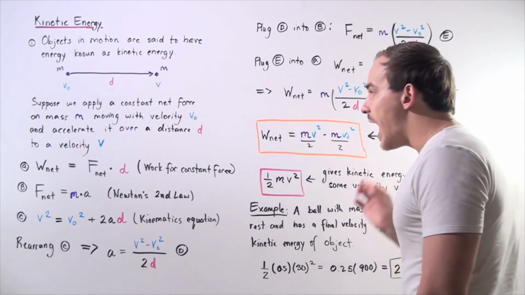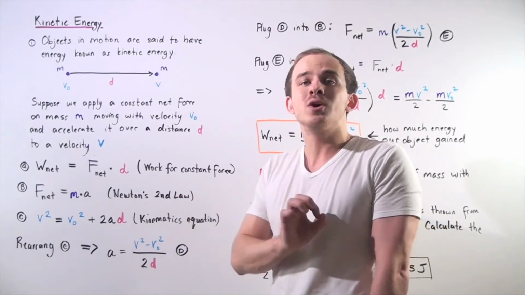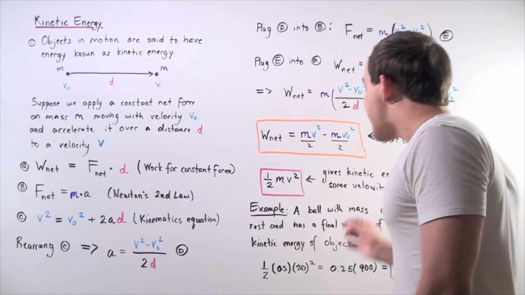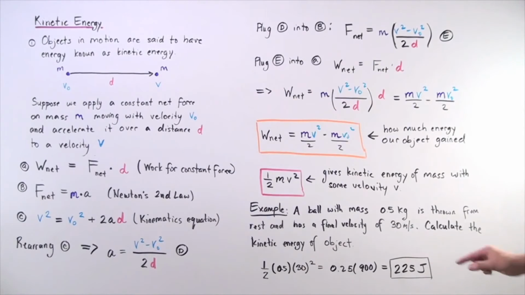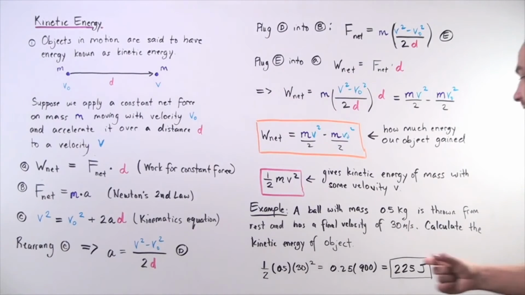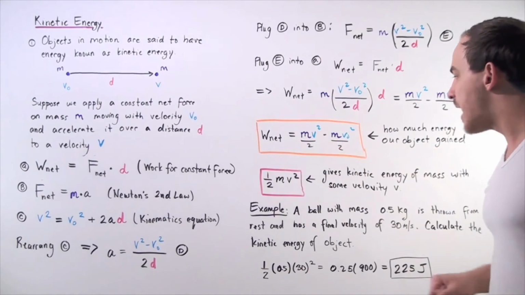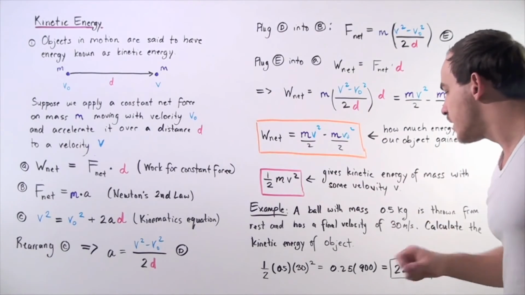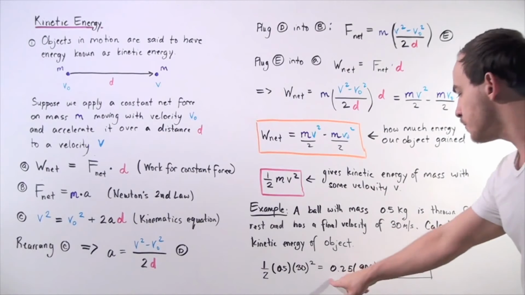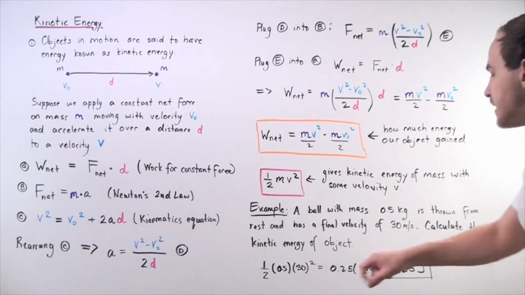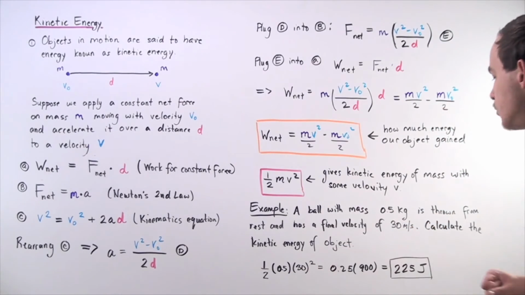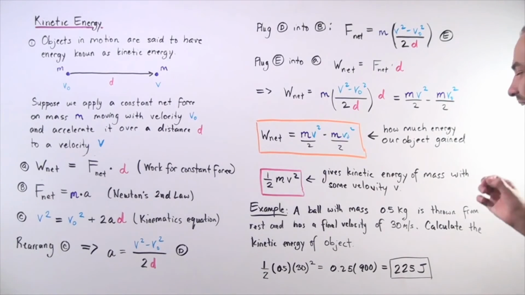So initially, the object had no kinetic energy. But after it reached a velocity of 30 meters per second, it had the following kinetic energy. So 1/2 times mass, so 1/2 times 0.5 gives us 0.25 multiplied by 30 squared, so 900, and that gives us 225 joules of kinetic energy.